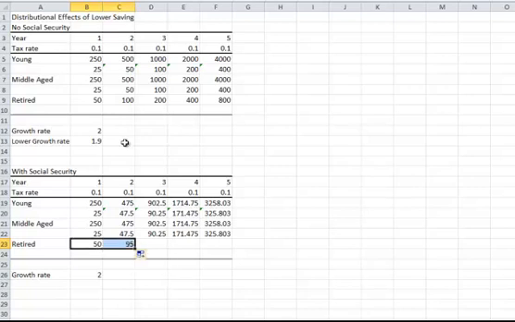Then this person, instead of getting $100, if savings hadn't been reduced and we had the same growth rate, this person gets 95 for the retiree. But he's still doing pretty well because this retiree only paid in when he's middle-aged, and then this retiree had to pay in when he was young, middle-aged, and old, but growth rate's slower. So he would have had $200 if the growth rate had been higher, but now he only gets $180.50.